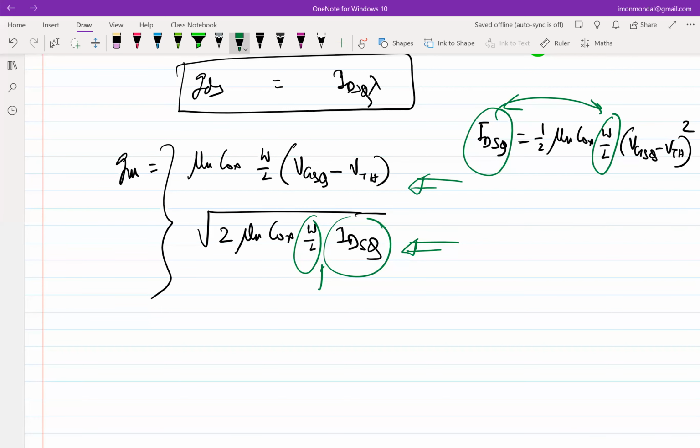How, we have not yet discussed. Then I have put my circuit together in such a way that IDSQ is constant. Then can you comment on, if I increase W by L by a factor of 4, how much will GM increase by?